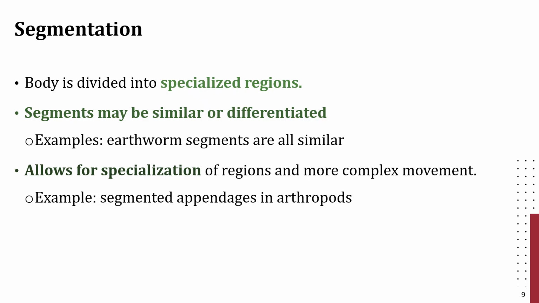Whereas if you think of many insects, we see segmentation very frequently in insects. Insects have a very distinct head, a central part we call the thorax, and then a back end we call the abdomen. When we have this specialization, this allows for differentiation of structures. And very often we have segments that are dedicated to complex movement.